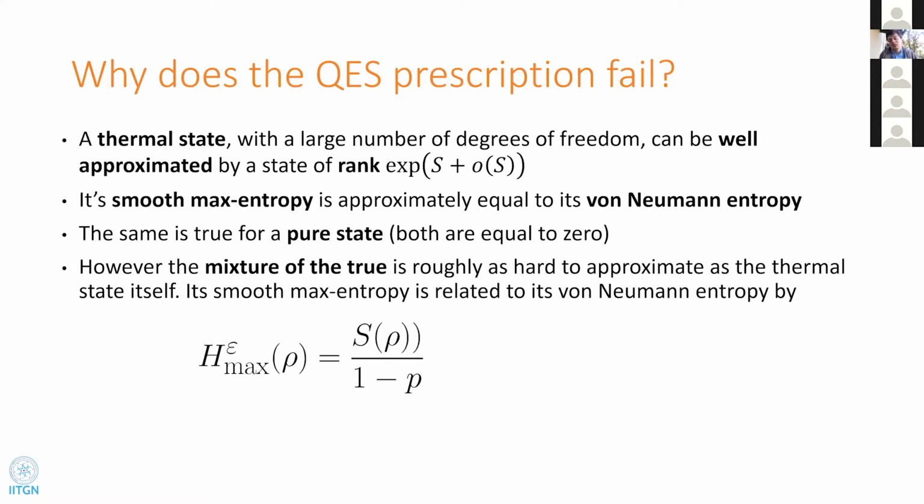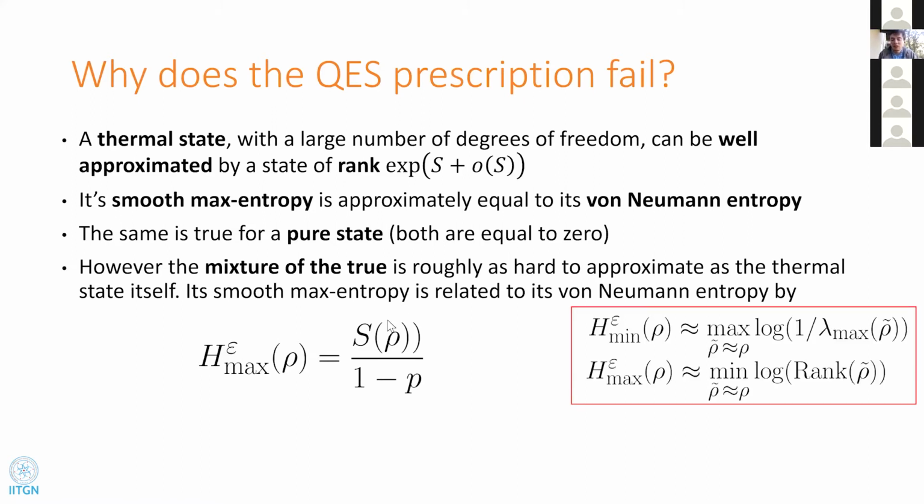This means that the smooth max entropy of the state, so I should have shown these definitions earlier, but the smooth max entropy you can really just think of as being, by definition, how small I can make the log of the rank of the state in some approximation rho tilde that's close to my original state rho.